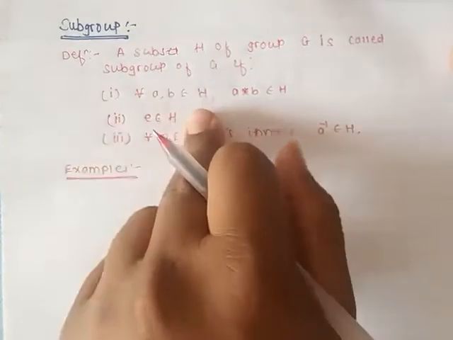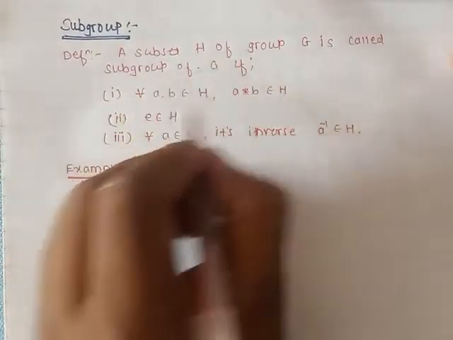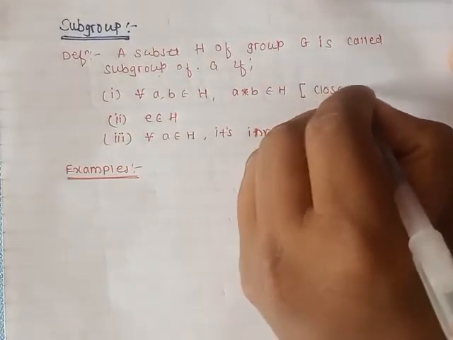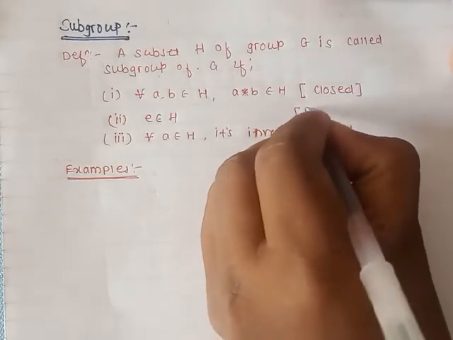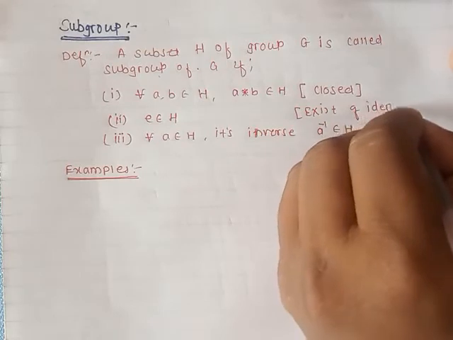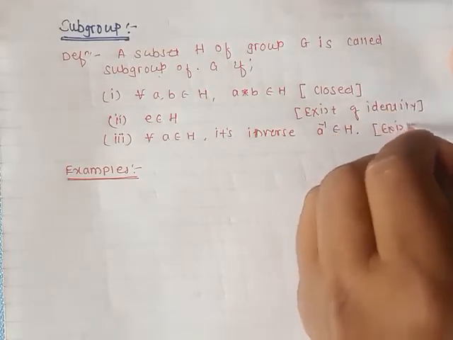That is what this definition says, that any subset H of group G is called a subgroup if it is closed under the same binary operation, existence of identity, and existence of inverse.